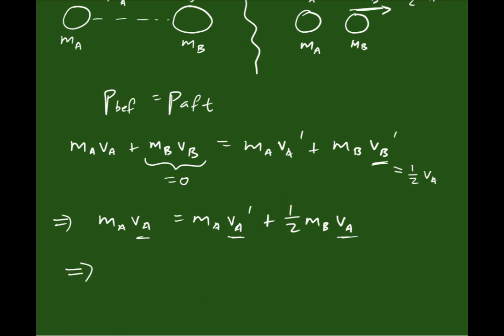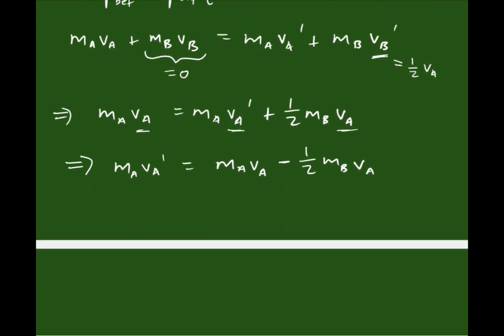So let's do MA VA prime is equal to MA VA, and then minus a half MB VA. This is some algebraic manipulation there. I'm just subtracting a half MB VA from both sides, and then it's divided through by MA.